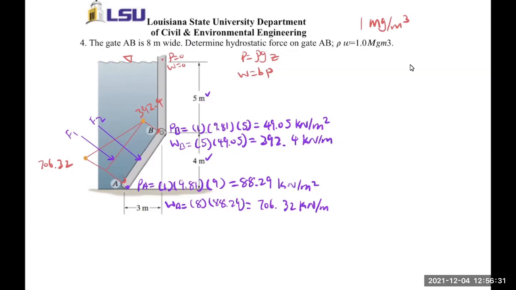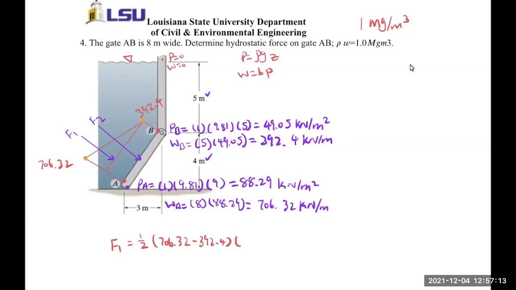Okay, so let's find out what F1 and F2 are, which are the hydrostatic forces. For F1, since it is a triangular distributed load, the equation is basically the area of that triangle, which will be 1/2 the load times the length. The load right here will be 706.32 minus 392.4.